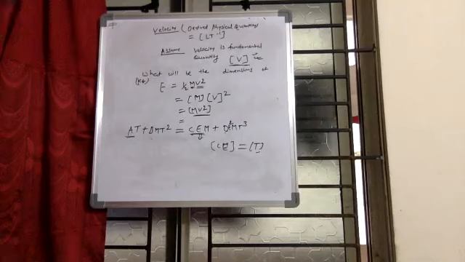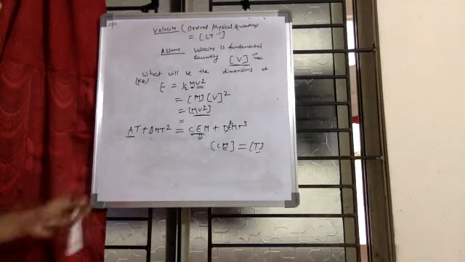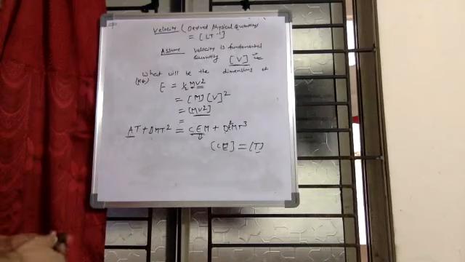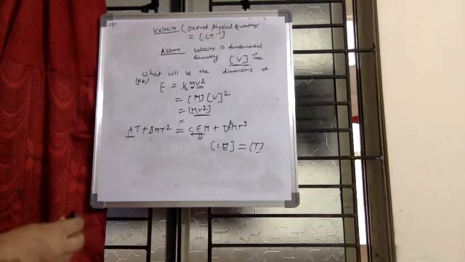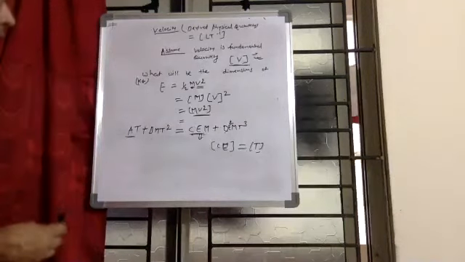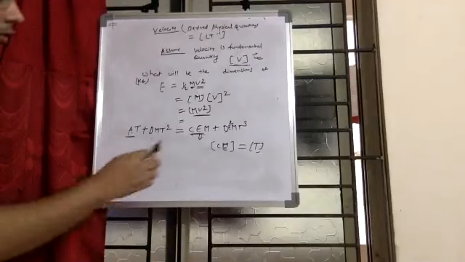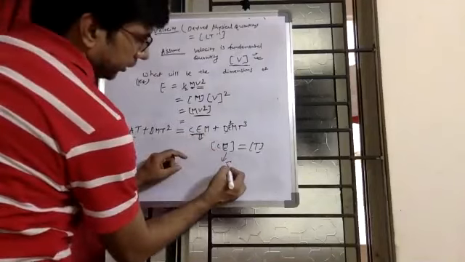Okay, I'm reading it out again: we have an equation AT plus BMT square equal to CEM plus DE square MT cube. Here the known thing is that the dimension of CE equals T, and here E represents energy.